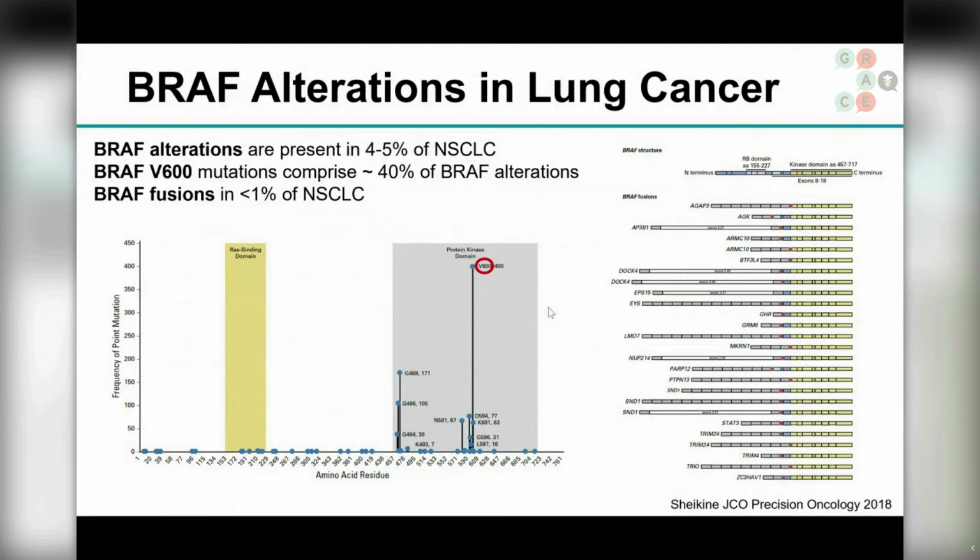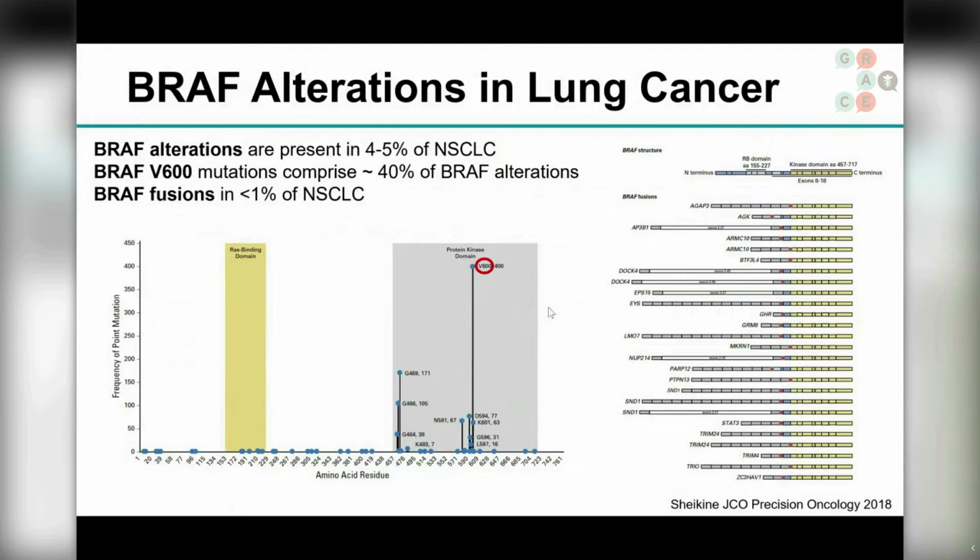In general, BRAF alterations are present in about 4 to 5% of non-small cell lung cancer across studies, and the predominant mutation is actually a particular substitution at the 600 position called BRAF V600E. There are other non-V600 BRAF mutations that account for about 1 to 2% of non-small cell lung cancers.